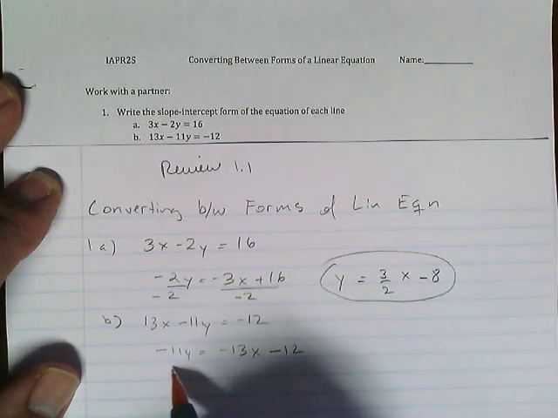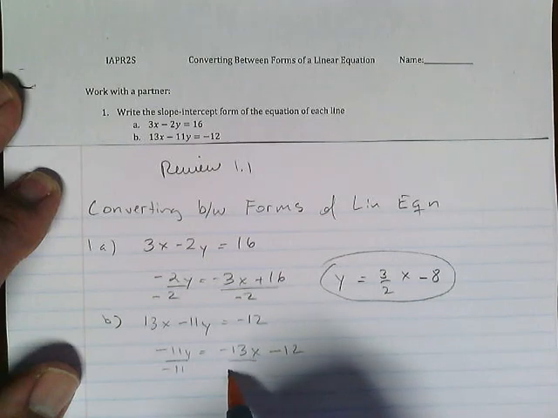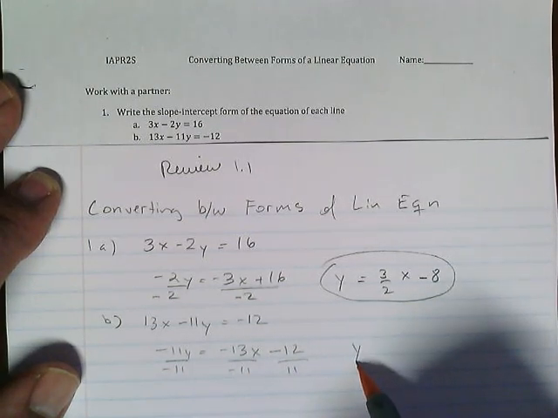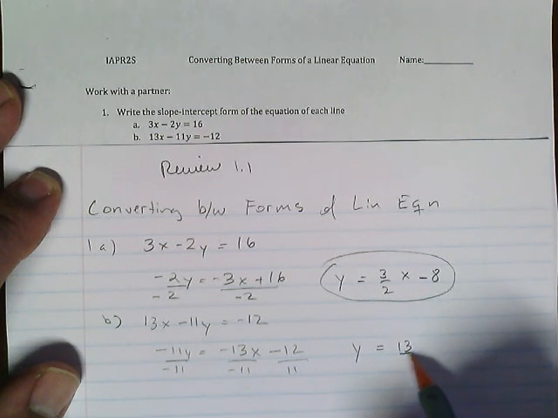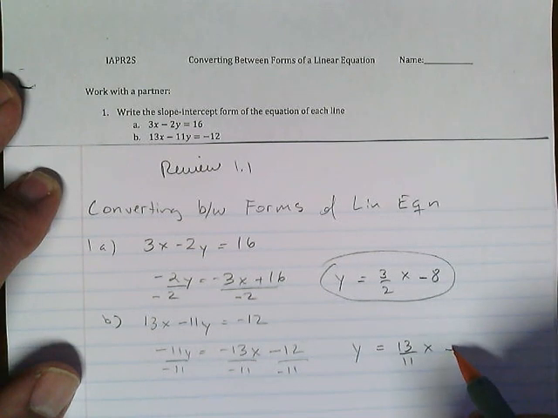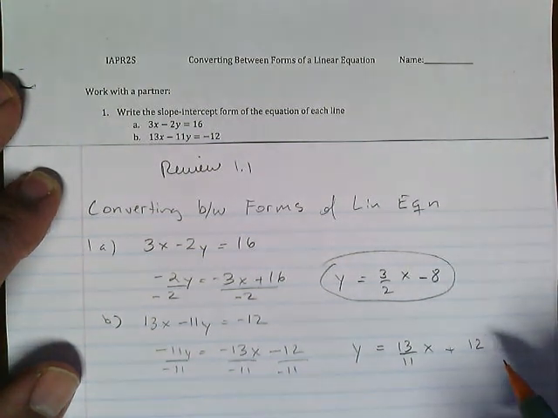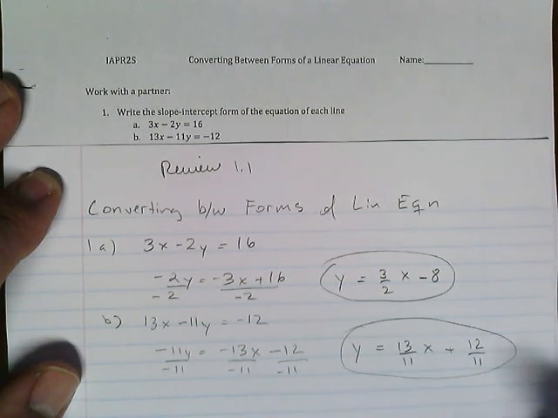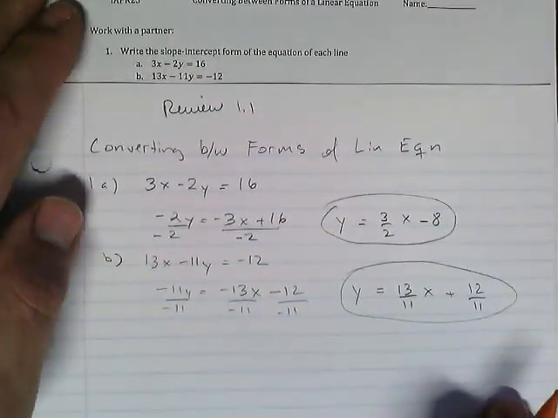Sorry, this is supposed to be y, divided by negative 11. And you end up with positive y is equal to 13 over 11 x, and this will be positive 12 over 11. And yeah, it's not what you're used to seeing, but you can't simplify any of that, so that's it.